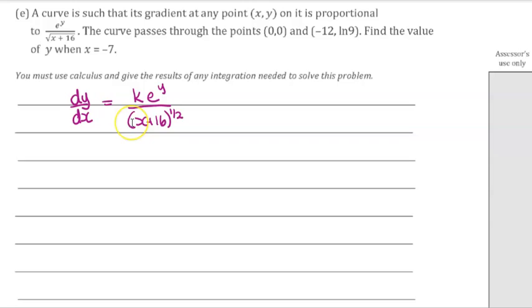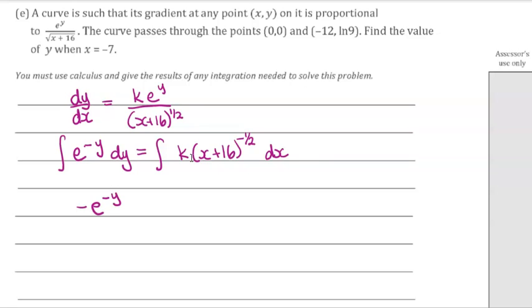Now we are going to try and solve this, and that involves separating variables. So bring the y to one side, so this e to the y becomes e to the minus y, or 1 over e to the y if you prefer. And the x's, all I've done here is I've taken the dx up to the right hand side, leaving the k on that side, and now we're going to integrate both of those sides.